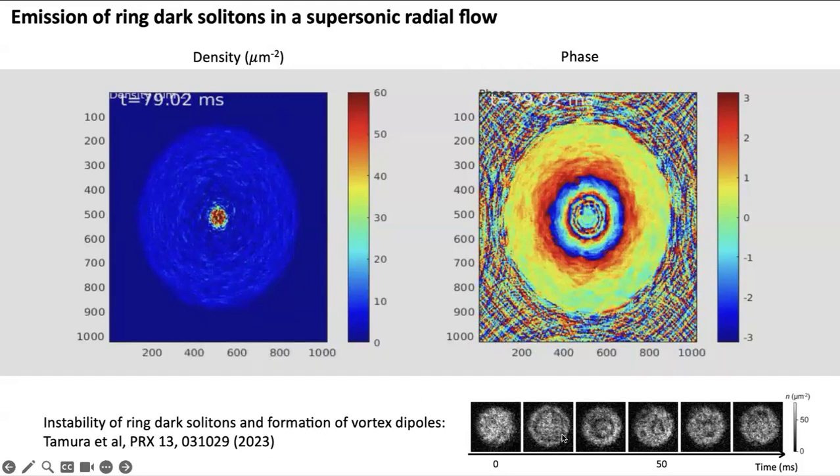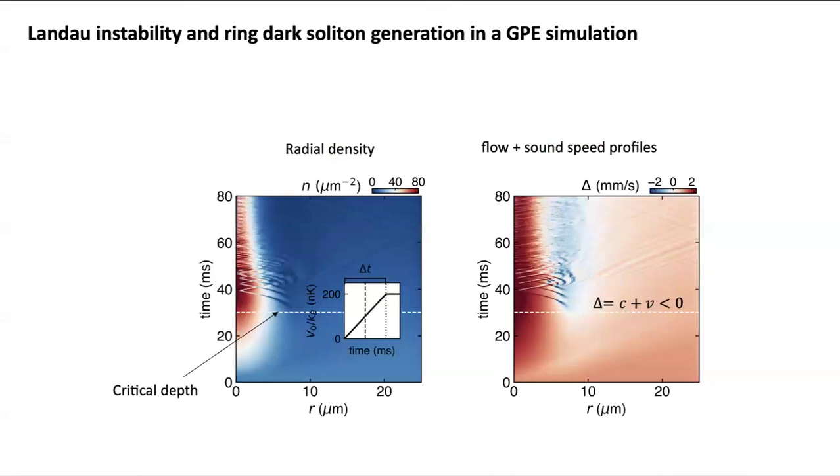If you remember seeing this ring-shaped dark stripe, this is the ring dark soliton. The formation of this ring dark soliton coincides with the time where you start to see supersonic flow.